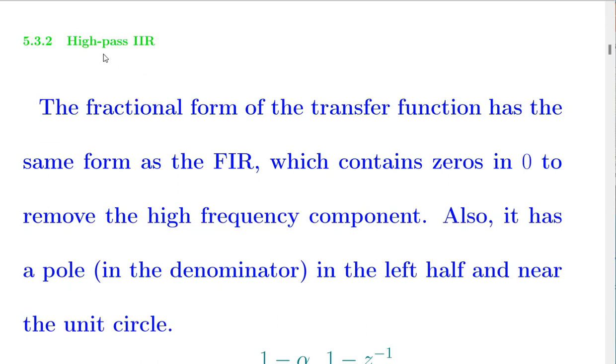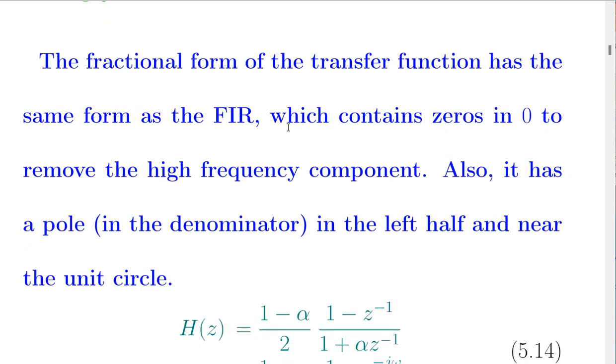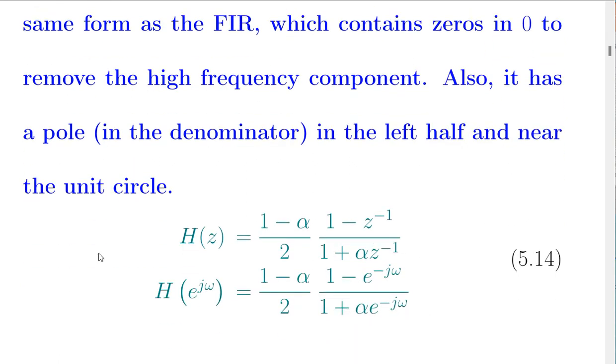Now, what about the high pass in IIR design? The fractional form of the transfer function has the same form as the FIR, which contains zeros in zero to remove the low frequency component, a typing mistake, a copy and paste problem. Also, it has a pole in the denominator in the left half and near the unit circle.